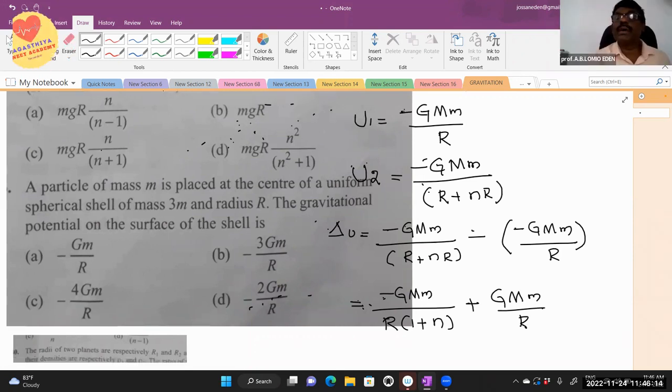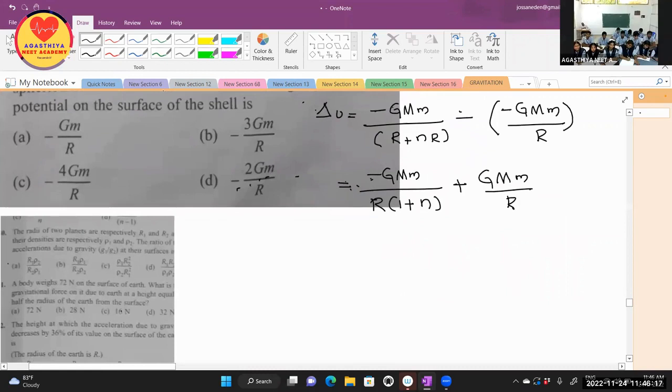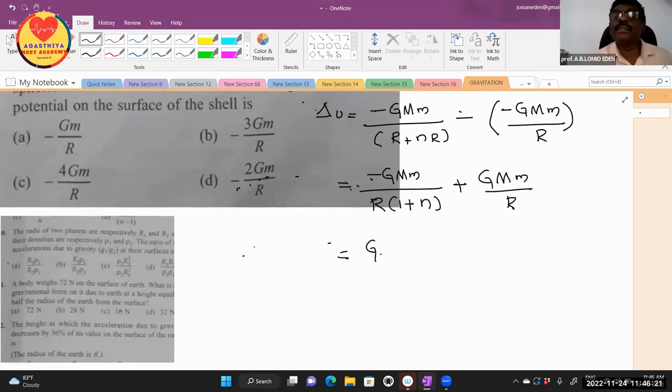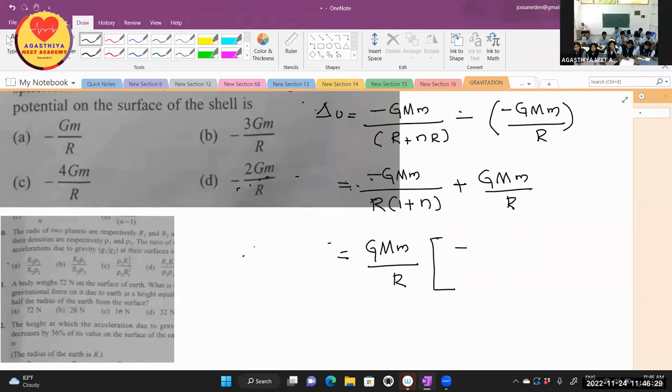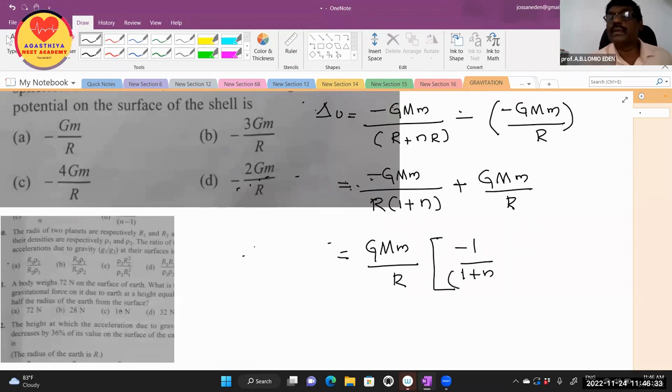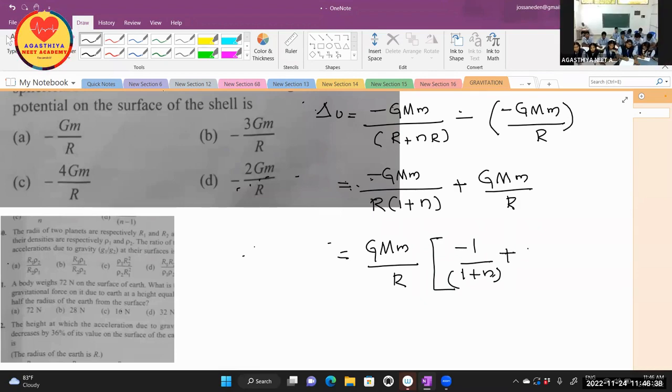Okay, take the LCM now. Let us take G capital M small m divided by R as a common value. First term becomes 1 plus N. Isn't it? Then plus 1.